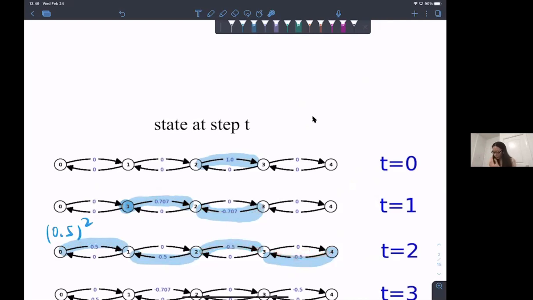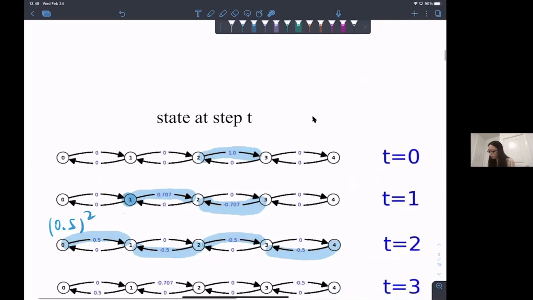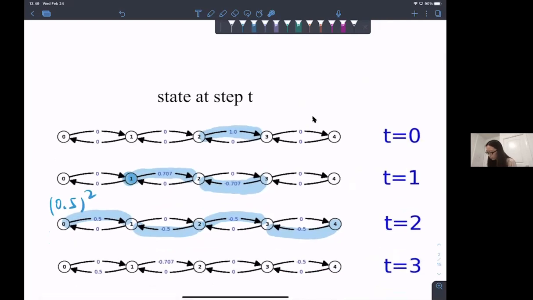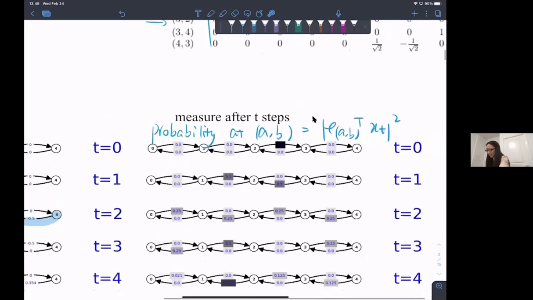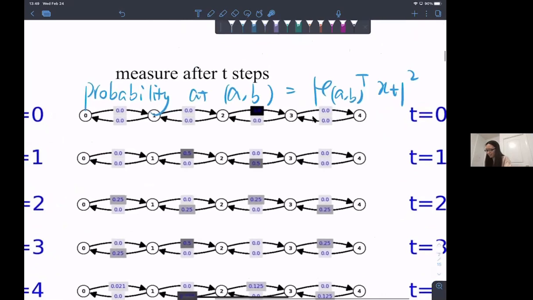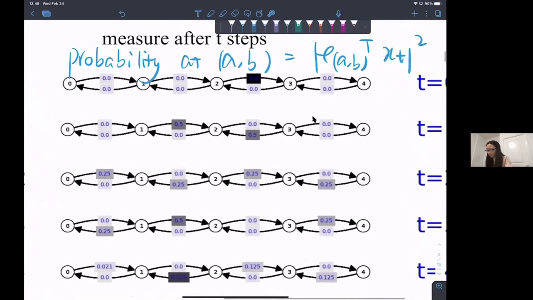Now, in the physical lab, we cannot observe these numbers, but what we can observe is their squared modulus. These are called probabilities. So if you do a measurement, you will find the walker at a particular arc, let's say 0, 1, with 0.5 squared probability. So I can record all these numbers and turn them into some shades. Here is the evolution.